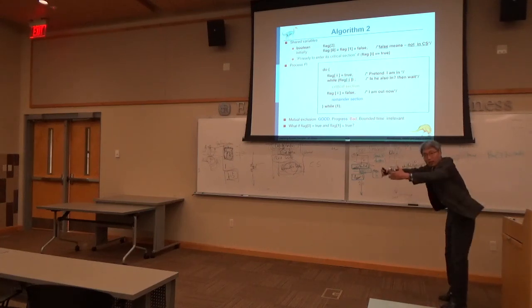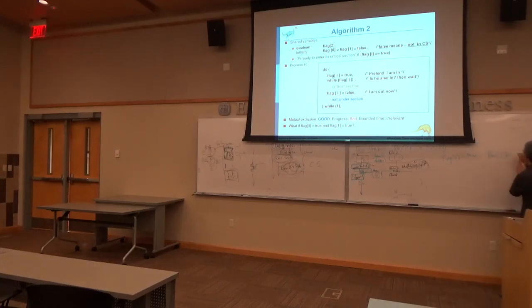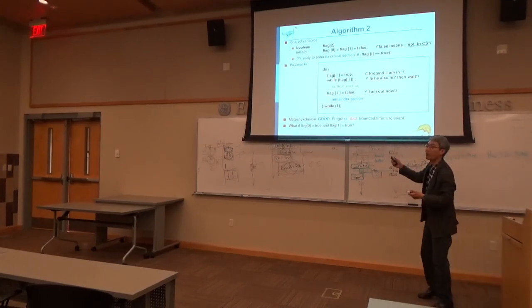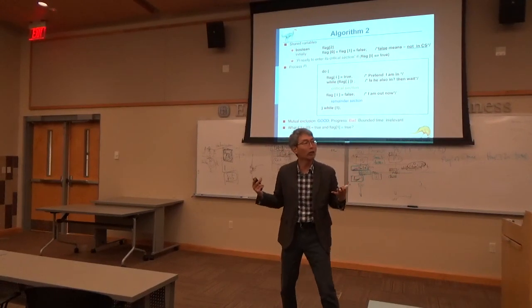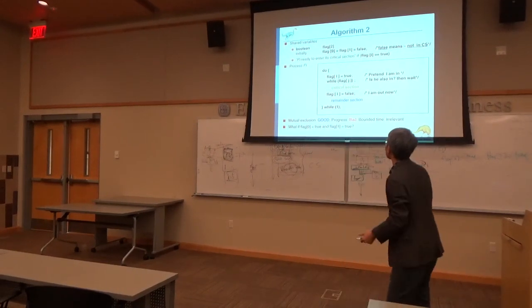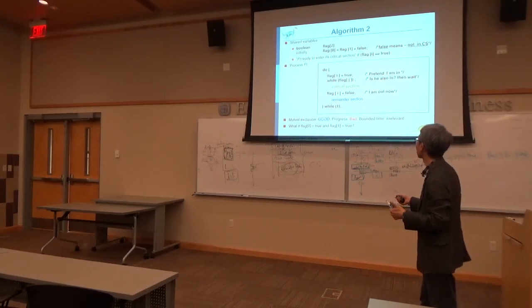False means enter the critical section. However, if this one is true, it's already used, and it waits until the exit part makes it false, meaning I'm done. Then the other process can enter the critical section. So only one process can enter, so mutual exclusion is okay.